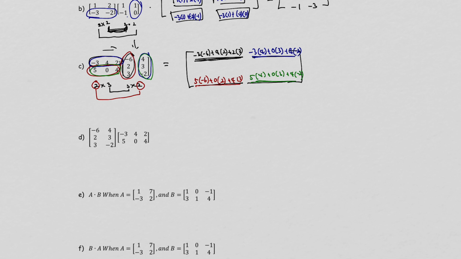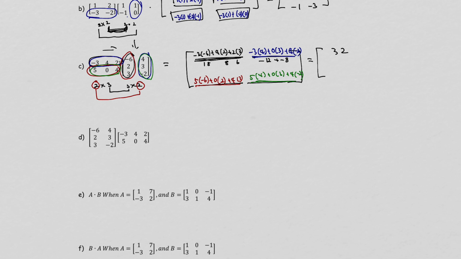Then I will get my matrix. That will be 18 plus 8 plus 6, which gives you 32. I will get negative 12, that's 0, and plus negative 8.